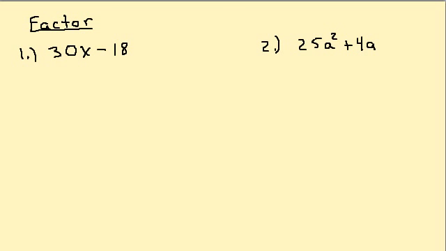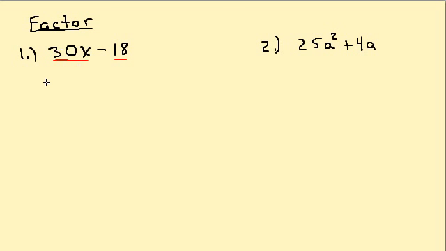We have 30x minus 18 and we want to factor out the greatest common factor. So we want to find the greatest common factor of 30x and 18. What's the greatest common factor of 30 and 18?